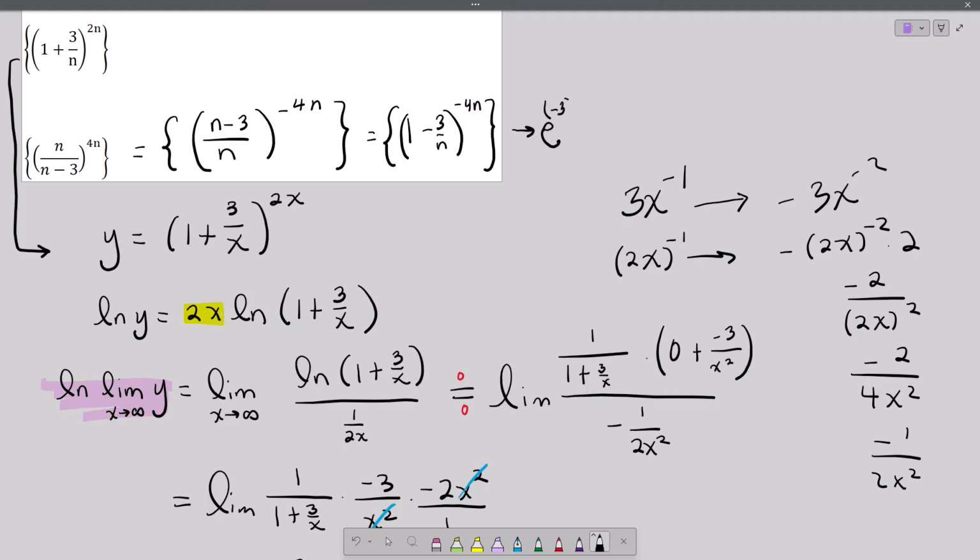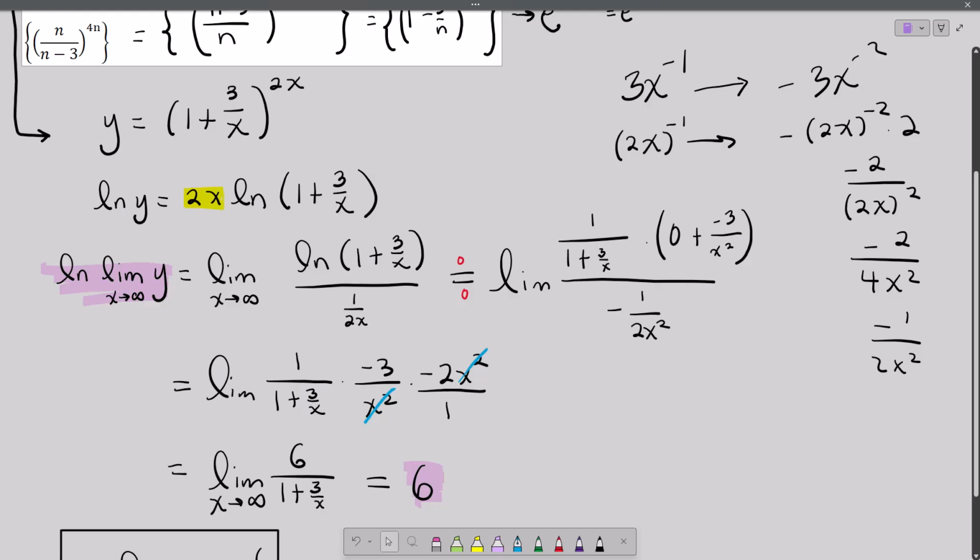Negative 3 is the a, and b is negative 4, so this will go to e to the 12. So that would be the shortcut way to do it. And if you work on it using the log limit process, of course that's what you should end up with, e to the 12. Any questions on log limit process?